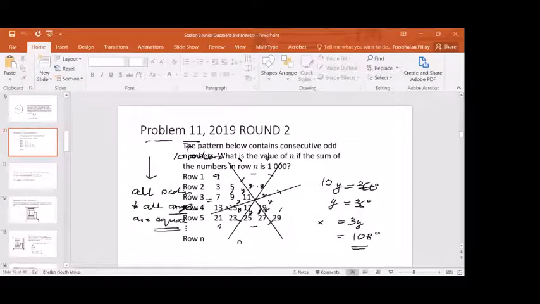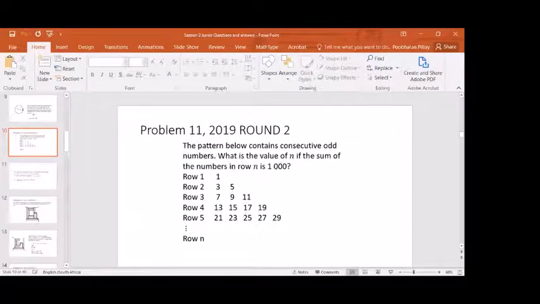Okay, so we do have a problem 11. Problem 11 says that the consecutive odd numbers are all written down like this. What is the value of n if the sum of the numbers in row n is 1,000? So you got the consecutive odd numbers. You put 1 here, and the next one, you put 2 of them. But you follow it in sequence.